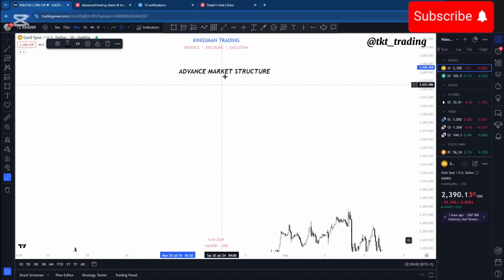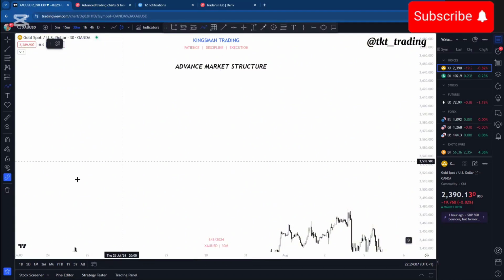So advanced market structure. It seems easy when I say an uptrend is whereby price moves like this, creating higher high, higher low, higher high, higher low, higher high, higher low.